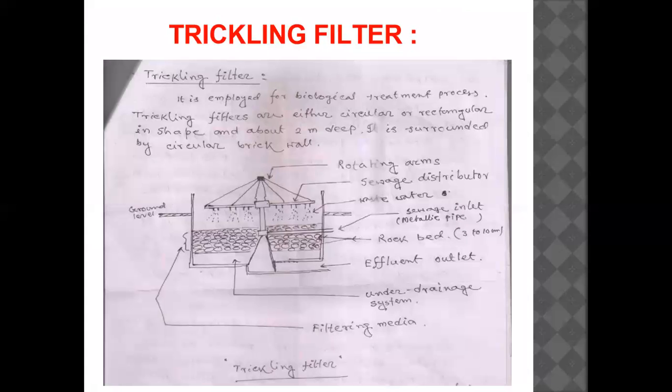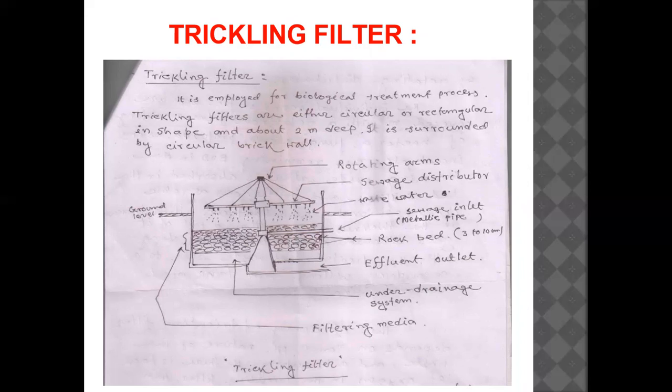Now the trickling filter. After the wastewater treatment, in the effluent water there is some remaining BOD. With the help of the trickling filter, we can remove the remaining BOD. It is an arrangement made up of rock beds and brick wall.